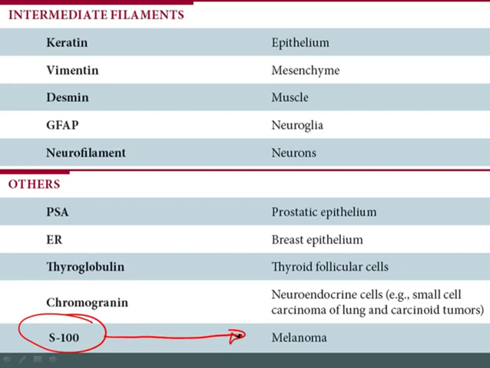So, the way that examiners like to play the game with immunohistochemical stains is that they might say to you that there's a tumor and a biopsy is performed and the pathologist sends you a report saying that he or she sees keratin-positive cells. So they would then ask you, what type of tumor are you dealing with? And the choices could be A, carcinoma, B, melanoma, C, lymphoma, D, sarcoma.